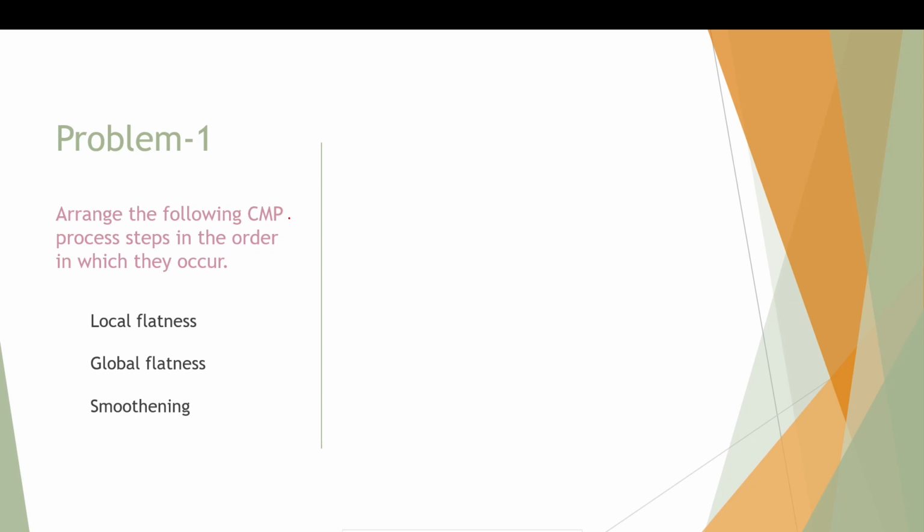Whenever we are doing chemical mechanical polishing, we first have smoothing, then local flatness, then global flatness.